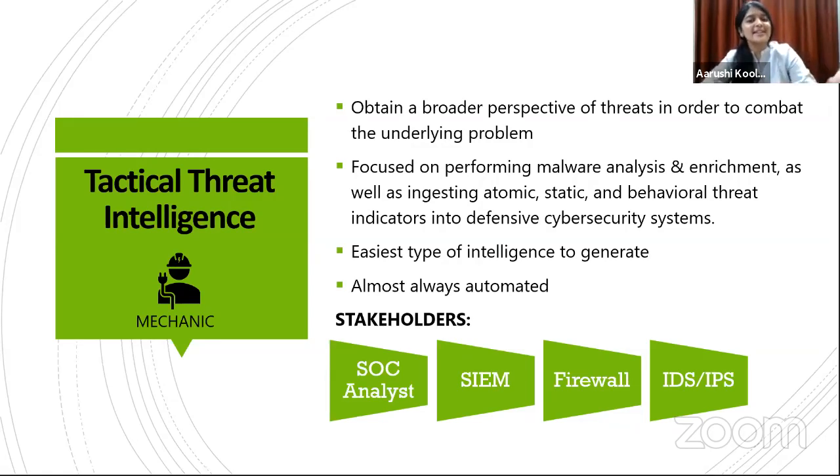So of course it is the easiest type of intelligence to generate because it is almost automated. A simple antivirus that we have for our system can also detect malwares if we are mistakenly installing any, right? So it is an almost automated process, and the stakeholders here are SOC analyst, SIEM, firewall, and the IDS or IPS, that is intrusion detection system.